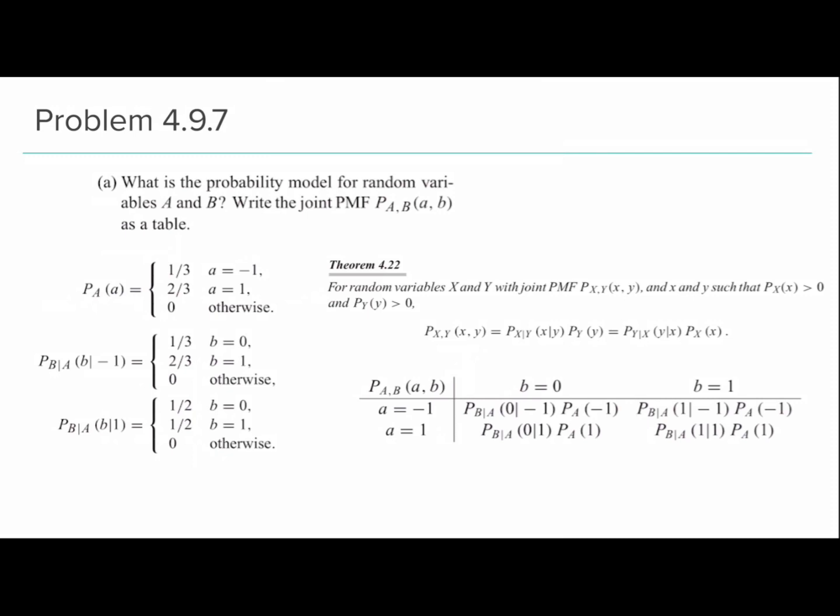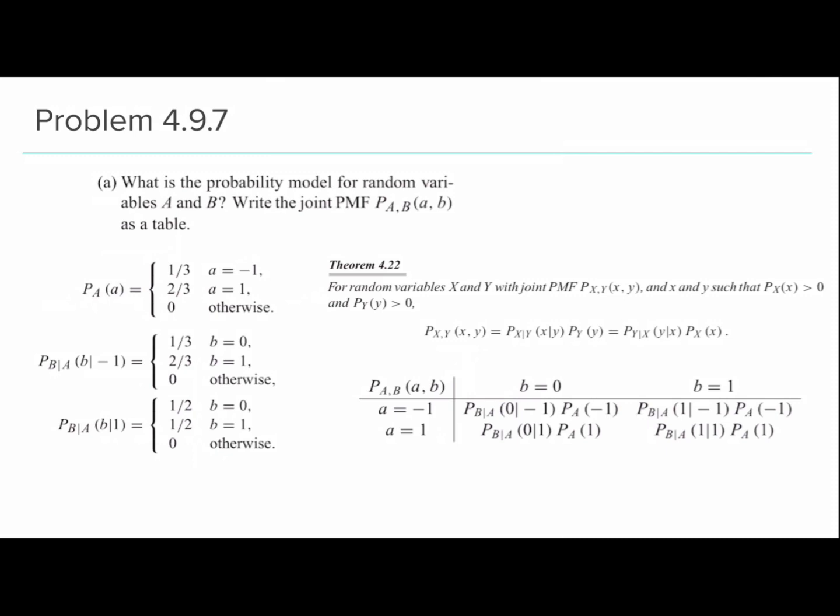And P of A comma B for A is equal to -1, B is equal to 1 is P of B given A, B is equal to 1, A is equal to -1, into P of A is equal to -1, and so on and so forth.